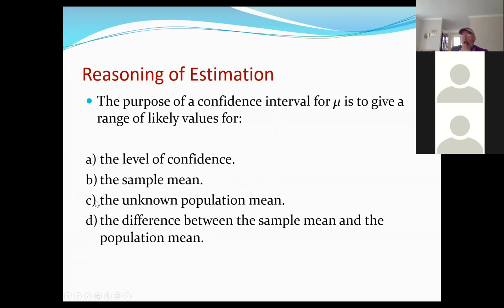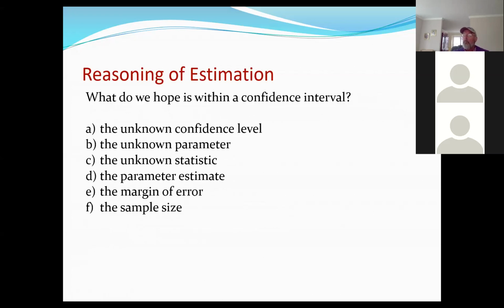So C is the right answer. What do we hope is within the confidence interval? Well, broadly speaking, we want to know an unknown parameter.